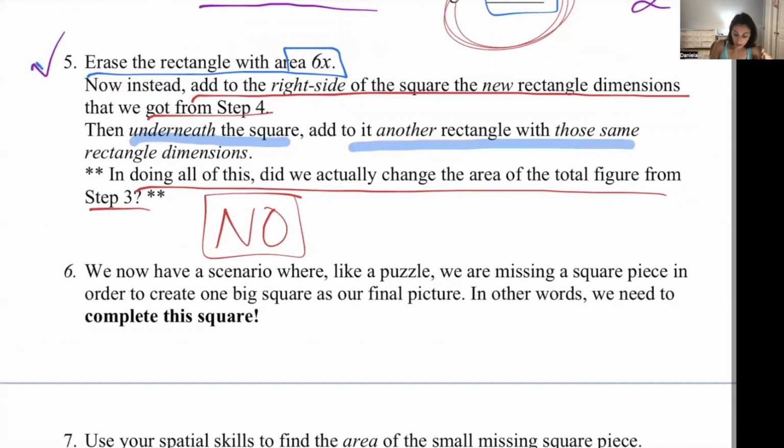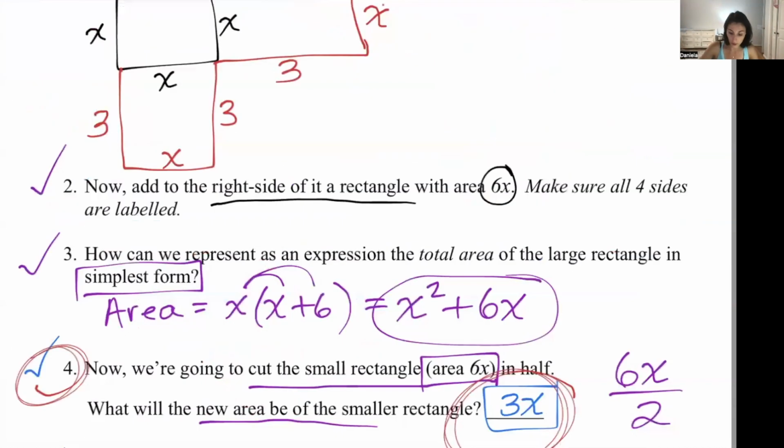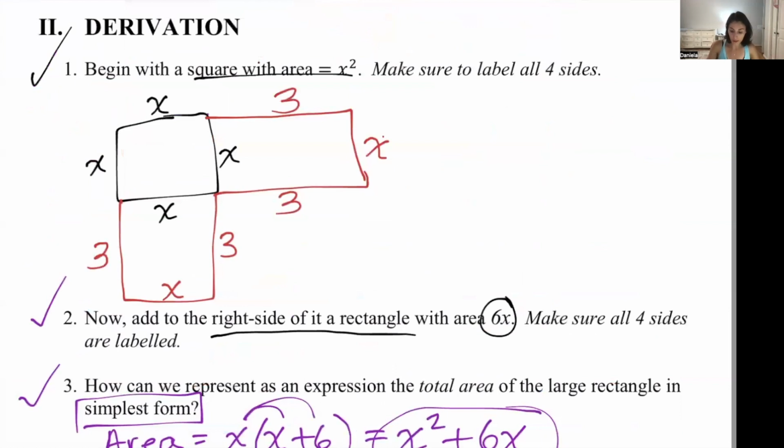In step 6, we now have a scenario that's like a puzzle. Now we're missing a square piece, and what we want to do is create one big square as a final picture. Let's take a look at what's going on. This right here is a missing piece.